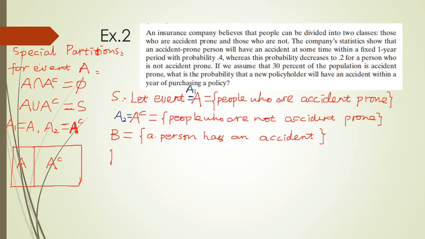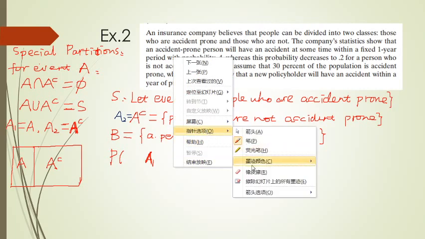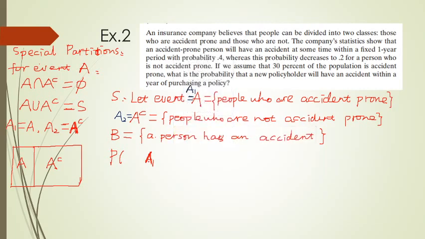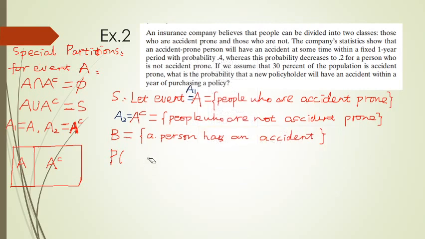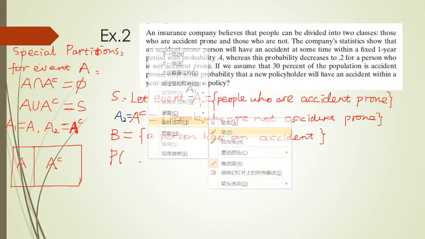So that means given the person belongs to A1, this type, accident prone type, or I just write A, it will be much easier to write A, and we understand A1, A2 are partitions, right?